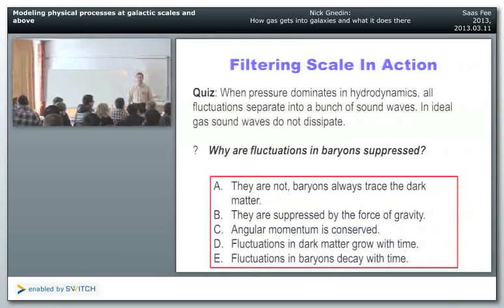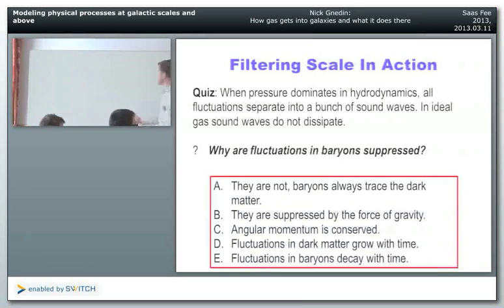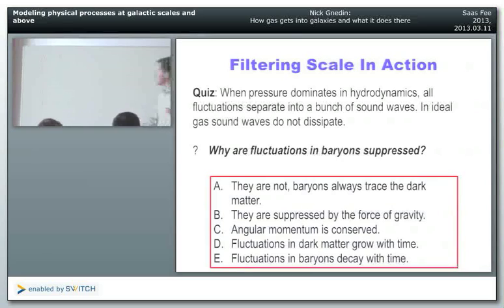Okay, who's for A? One. Who's for B? 1, 2, 3, and there's no penalty for wrong answers. 4. Who is for C?